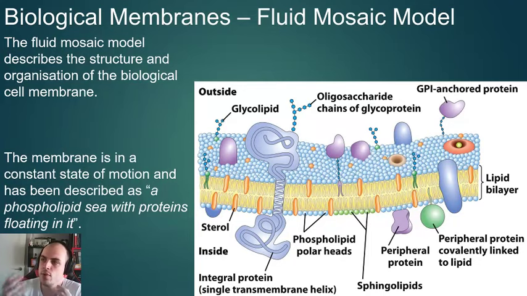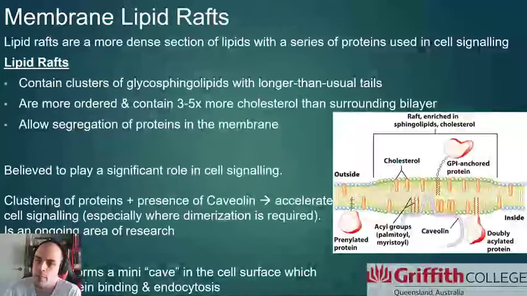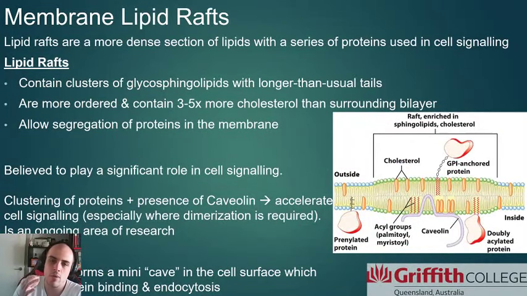That fluid mosaic model is sort of embodying that. So when I move on to these lipid rafts, I want you to be quite literal. I want you to really be thinking about a raft, or like our boat, that's on the ocean, riding along with those waves.